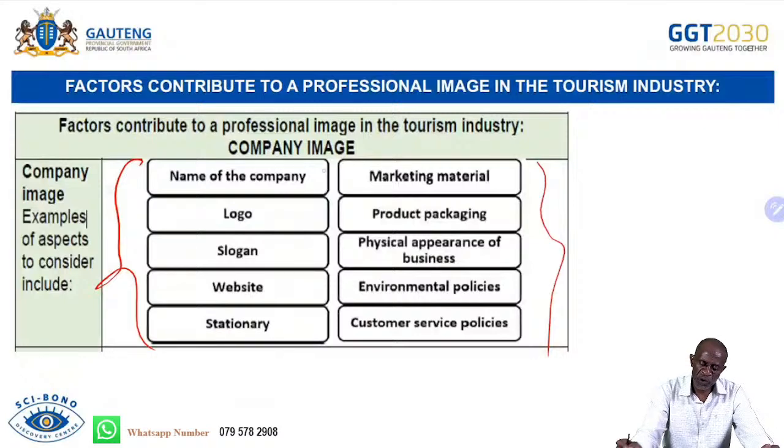All these aspects that you are referring to contribute to the professional image. Also things like marketing material, packaging of the products, physical appearance of the business, environmental policies, and customer service policies. All this defines the professional image of the tourism industry.